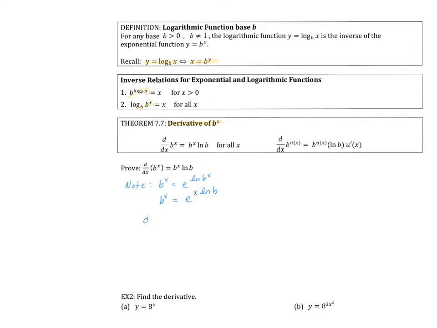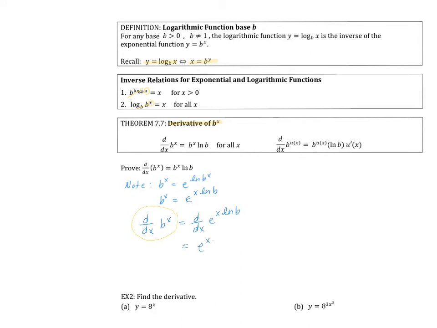So when I take the derivative with respect to x on both sides of this equation, I don't really know what the left-hand side is. That's actually what I'm trying to prove. But I do know what the right-hand side is, because I know how to compute the derivative. The derivative of the exponential function says it stays the same.